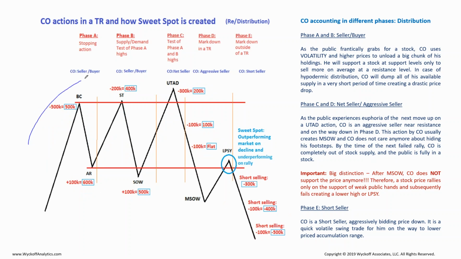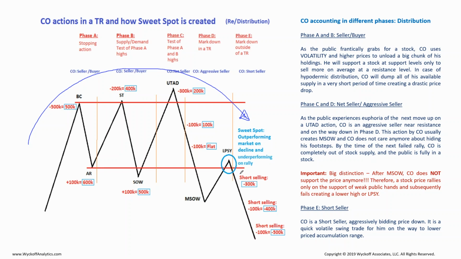So here is how the CO is gradually going to distribute the stock. Obviously this is all in theory, just how I view this, and it should be updated a bit more as to how this happens.